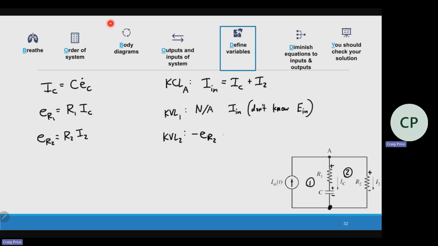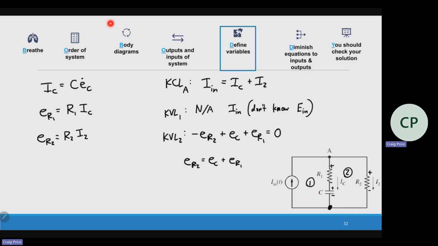So that's actually a gain. That would be E_C. Same thing for E_R1. And this gets me back to where I started. So the sum of all the voltages on that closed loop has to equal 0. So we can move E_R2 to the other side to look like that.